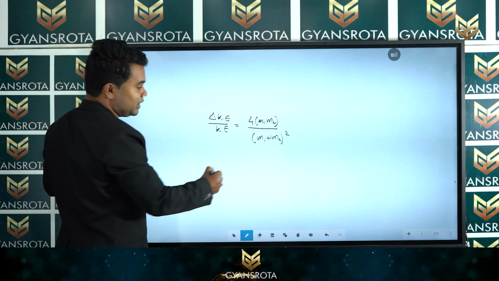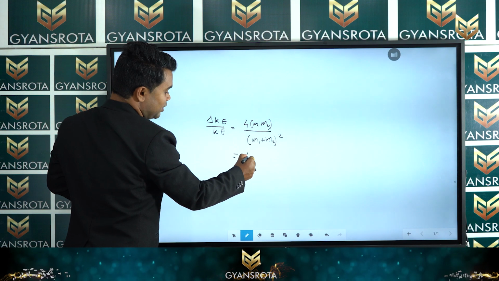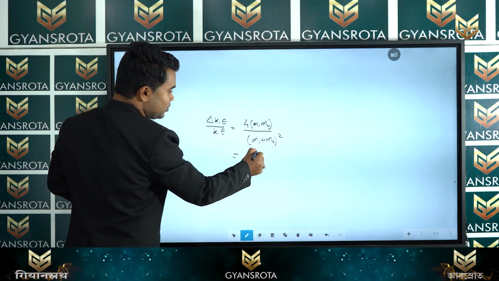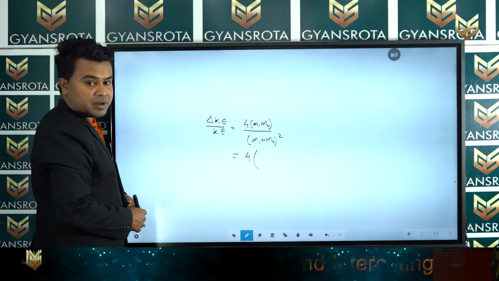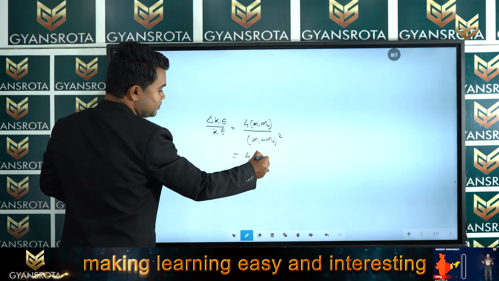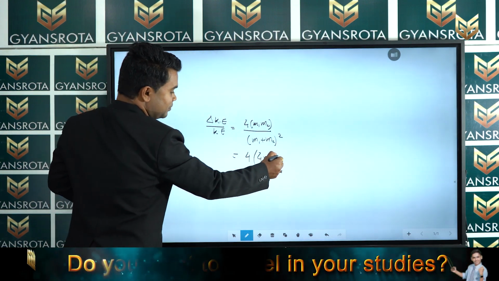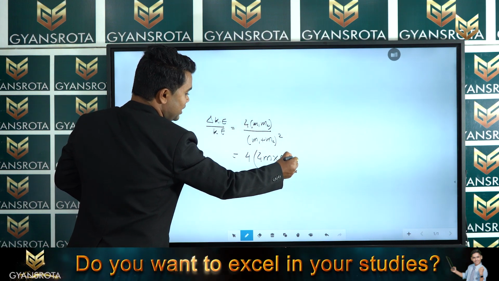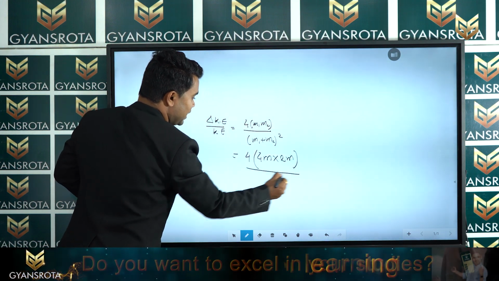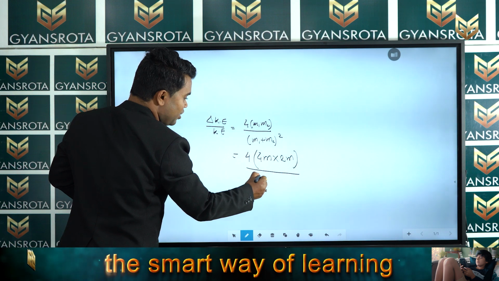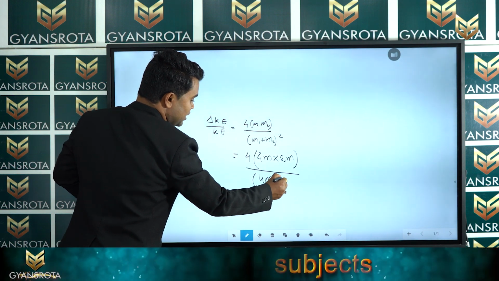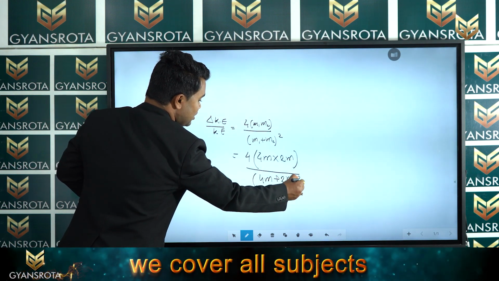Now you please calculate m1 from here. You do not need to calculate, it is given in the question. How much is m1? m1 is 4m. How much is m2? m2 is twice m, so 2m. Divided by m1 plus m2, that is 4m plus 2m, of whole square.